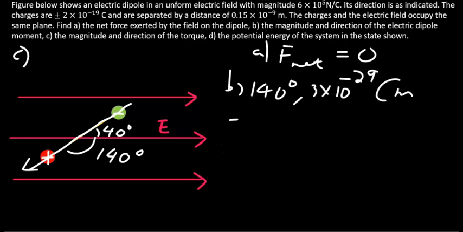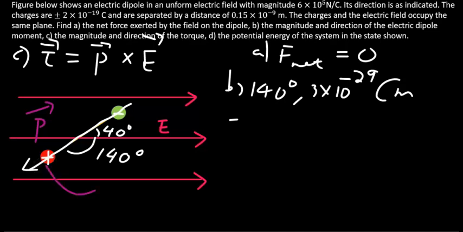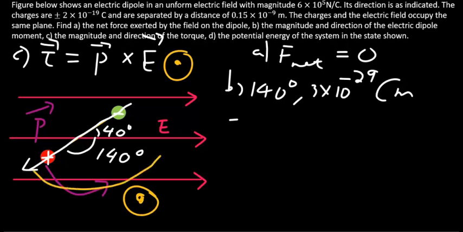Now let's calculate the torque. The direction can be determined by the following cross product. When you take your right-hand curl from this vector P to the vector E, you see that your right-hand thumb will be pointing out of the plane. So that is the direction of the torque, coming out of the page. And that would tend to align this dipole moment with the electric field, because that would cause an anti-clockwise rotation.